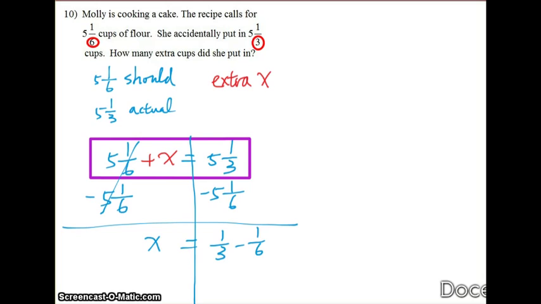Since one is 3 and the other one is 6, I can multiply this by 2 and get the same thing. So now I'll have, let me rewrite this, x equals 2/6 minus 1/6. And 2 minus 1 equals 1, so 1/6. x equals 1/6. So the extra is 1/6, and that will be in cups. And that will be your answer.